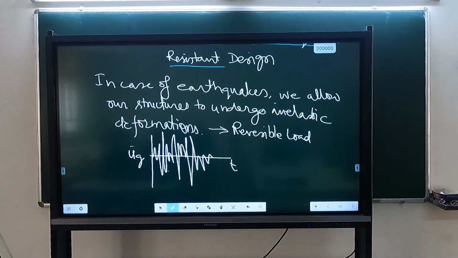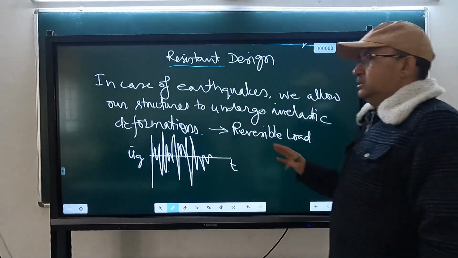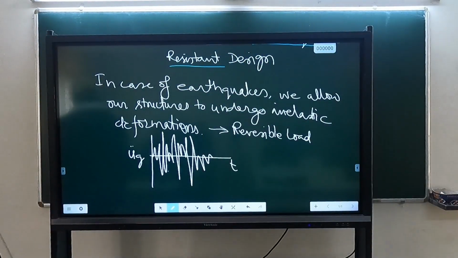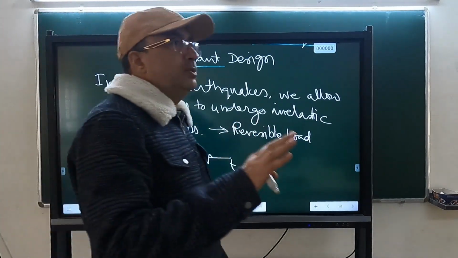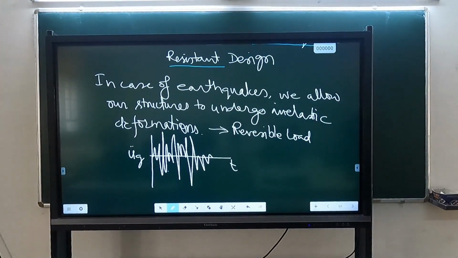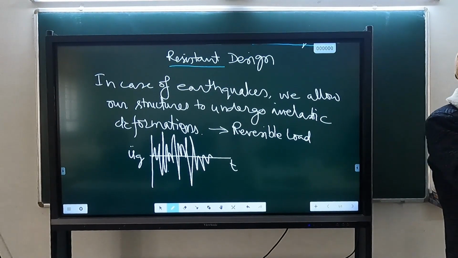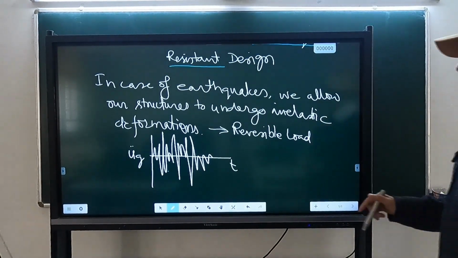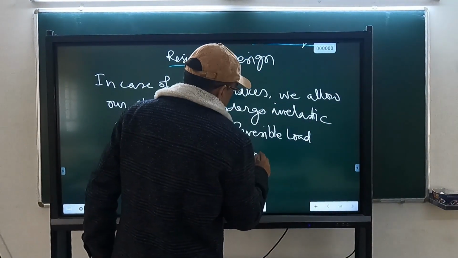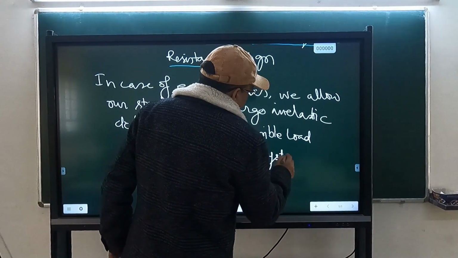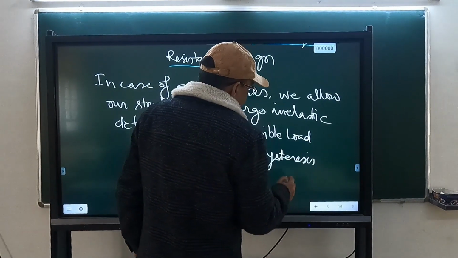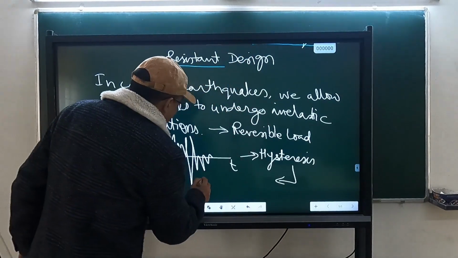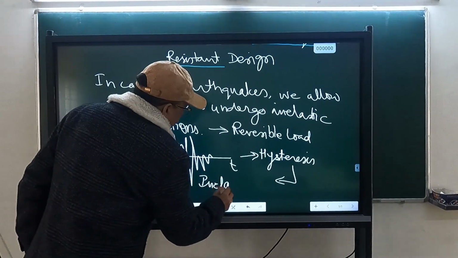But under wind load, although that is also dynamic and changing with time, we do not allow our structures to undergo inelastic deformation. Only in case of earthquake, because it is reversible. And due to that, the structure undergoes hysteresis. This reversible nature of the load causes hysteresis, and this hysteresis causes inelastic energy dissipation.